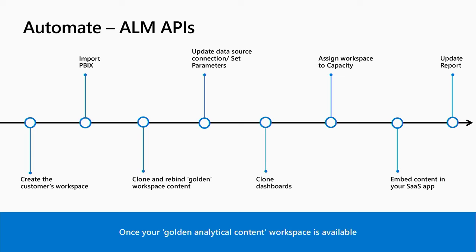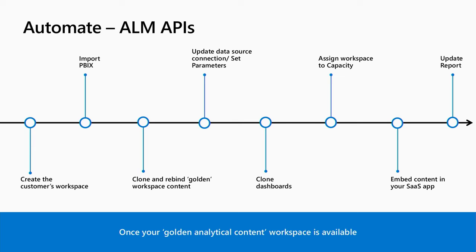Then you update the data source and connections to the data source of your specific customer. Then you need to do cloning of dashboards. And after that, you can assign capacities, embed, and update reports as you like.